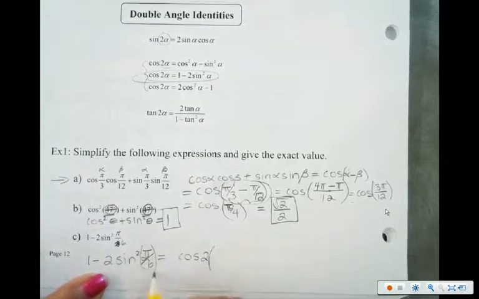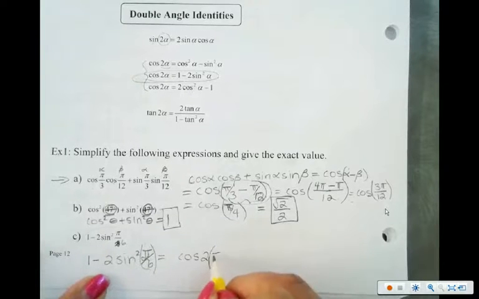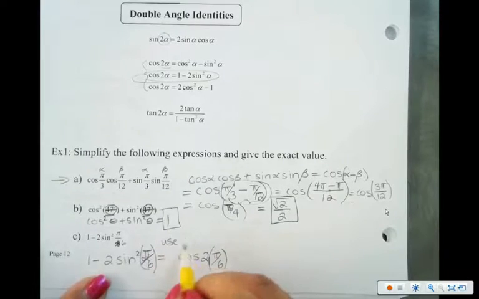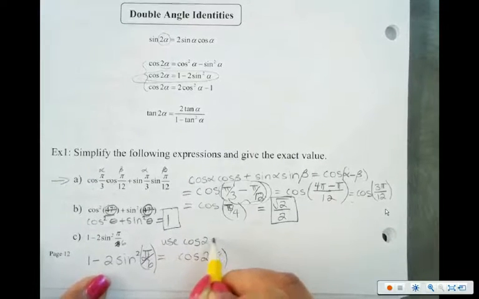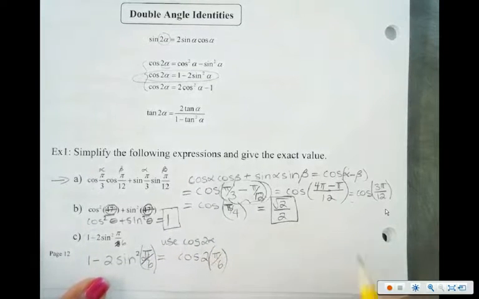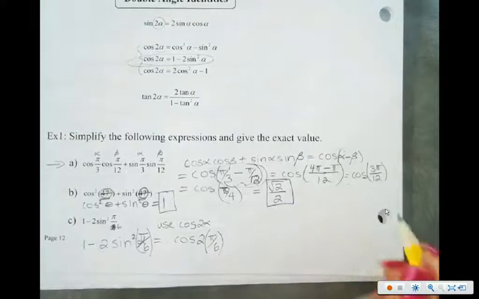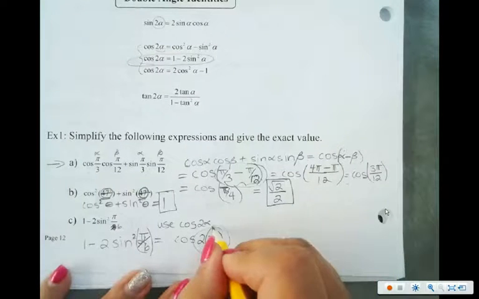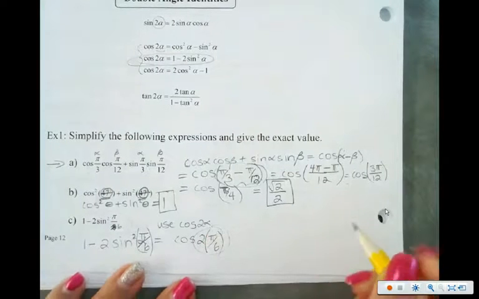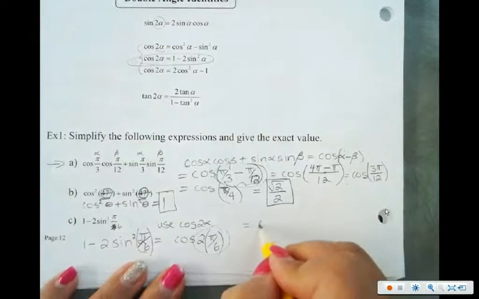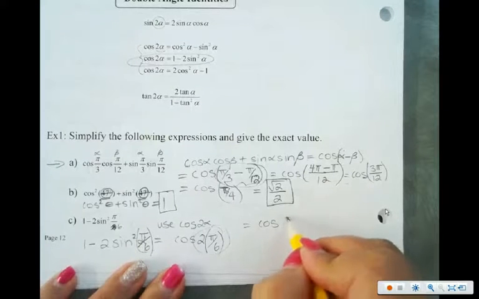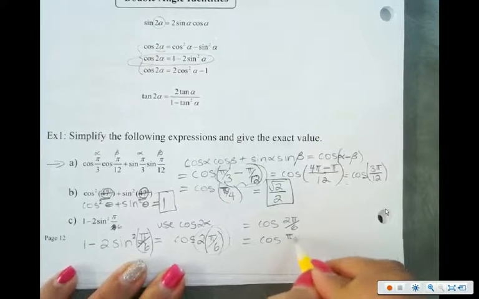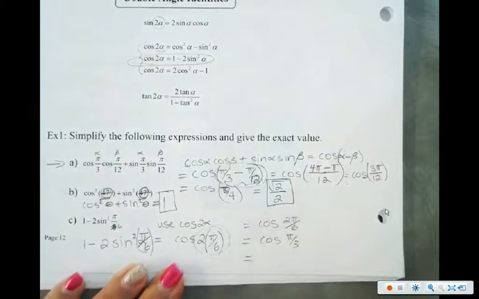So what am I going to replace here? Pi by 6. Use cos 2 alpha. Okay, so let's evaluate that. What's cos 2 alpha? This together is 2 pi by 6, which reduces to cos of pi by 3. And what's cos of pi by 3?